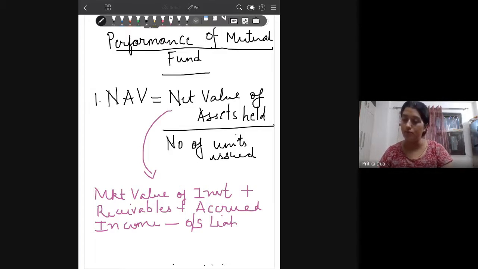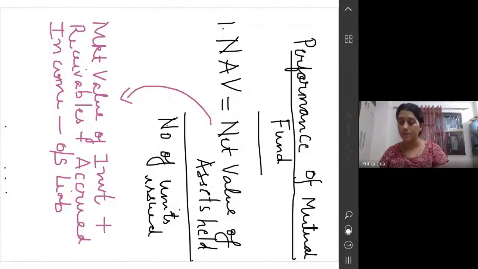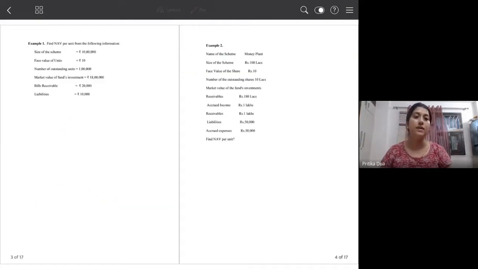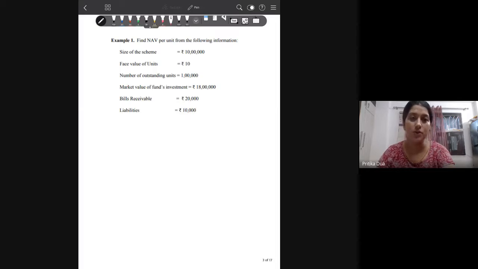So let's move to some questions on the same, and the concept will make more sense. I'll first take up questions on net asset value. This is the first question. You have to find the NAV per unit of mutual fund from the information given.